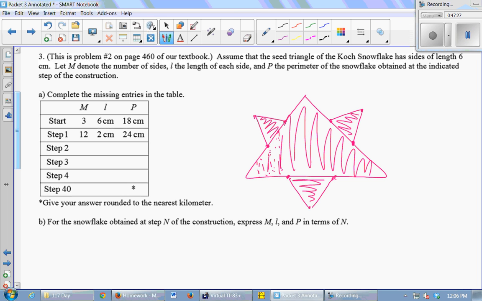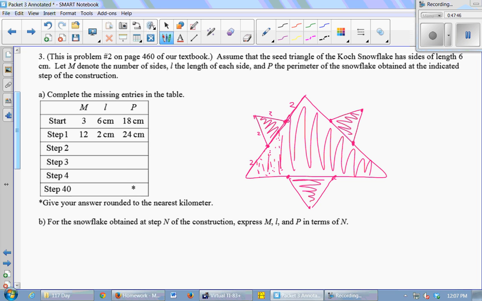Okay, so because of the way I constructed this thing, what's the length of each side? 2, yeah, because the whole side of my seed was 6, and I broke it into thirds, right? So this would have to be 2 and 2 and 2 and 2. Right? So each side has length 2.